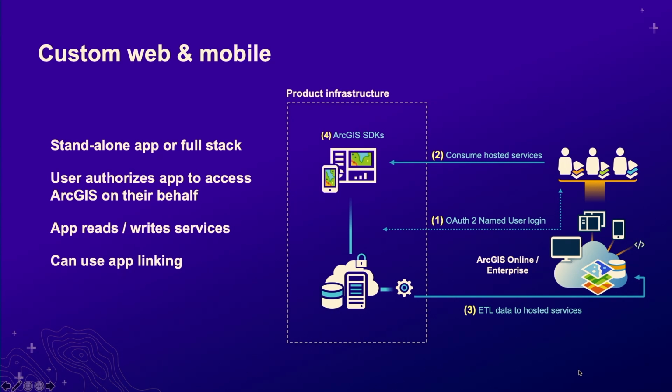Once that's accomplished, you can then consume secure hosted services and web maps from the customer's GIS. And of course, your application and infrastructure can also then ETL data to hosted feature services once the user is authenticated. So you could maybe have data managed in your infrastructure, could be spatial and non-spatial data that you're pushing over to that customer's GIS.